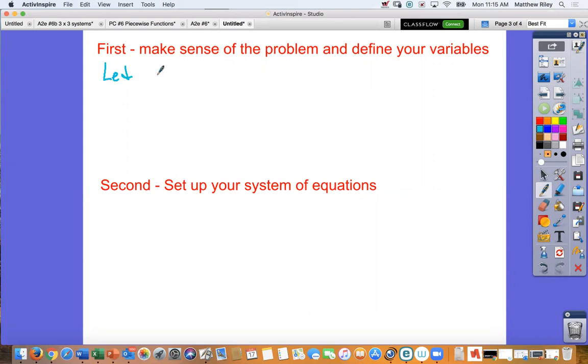You can use whatever variable you want. Let G equal the cost of 1 pound of gummy bears. Sorry for the confusion there.